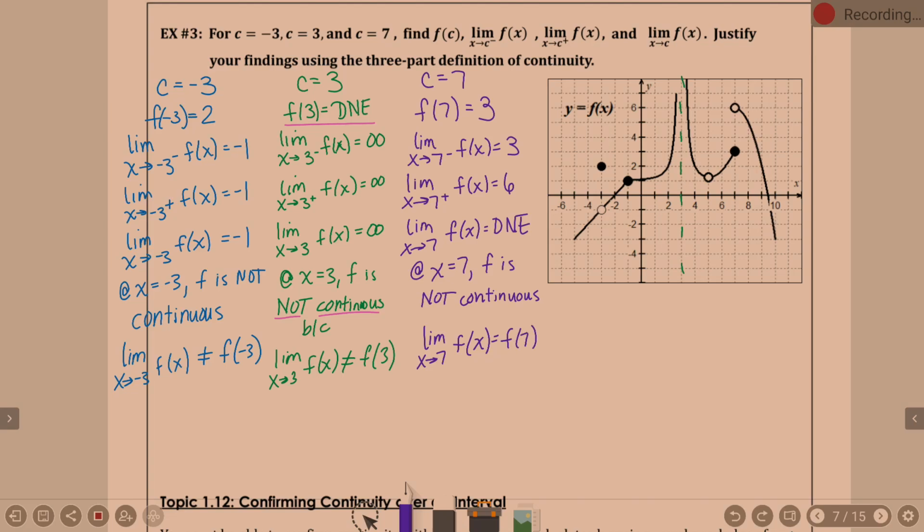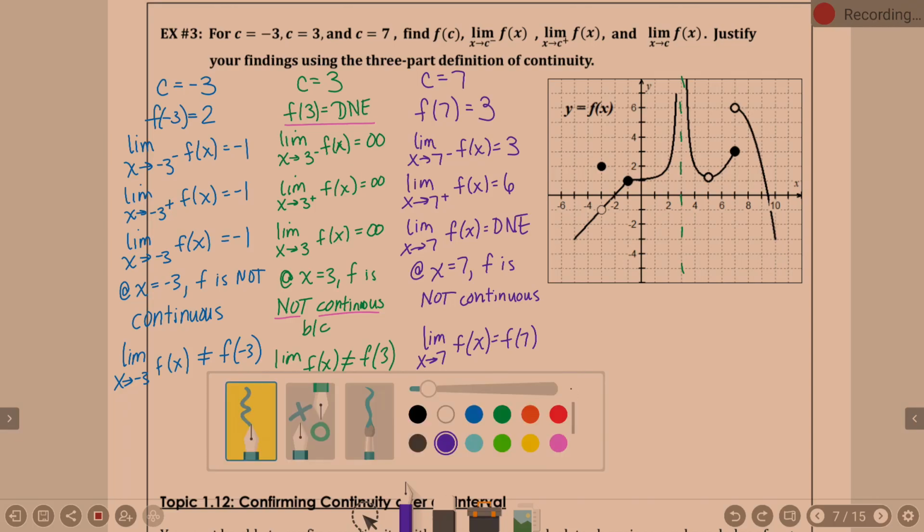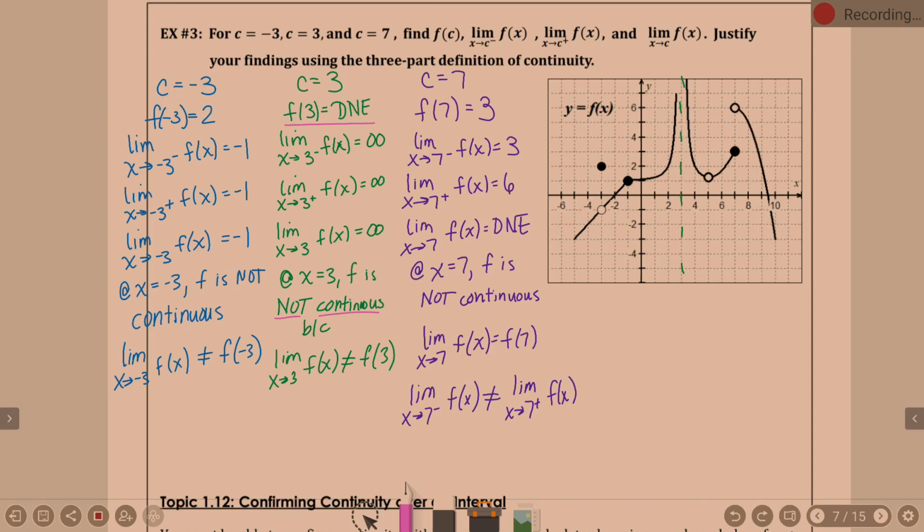Or you could say the limit as x approaches 7 from the left does not equal the limit as x approaches 7 from the right of f of x. Okay, so either way, those are both valid explanations that would state that this is not continuous. Okay?